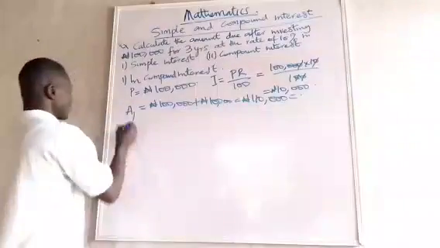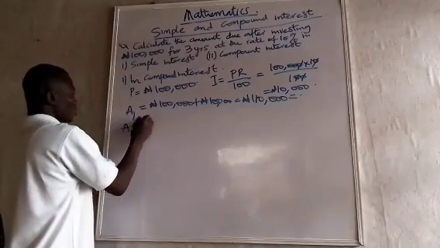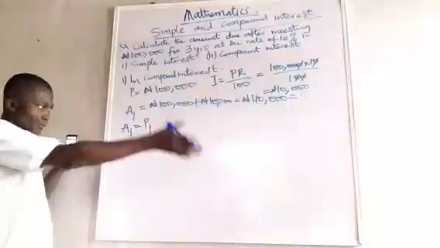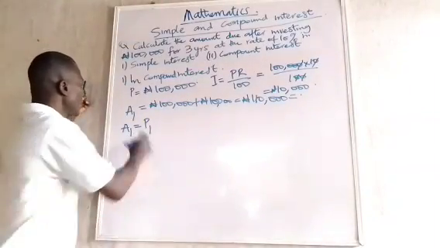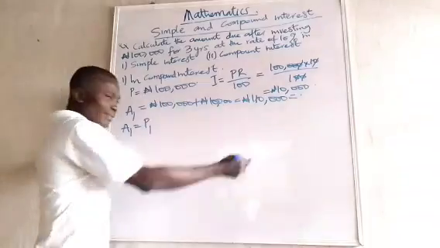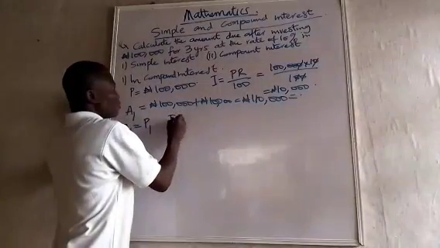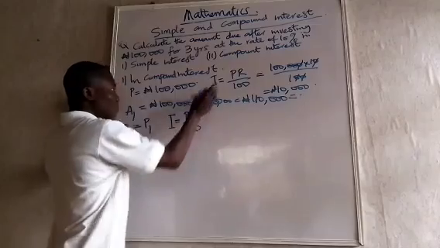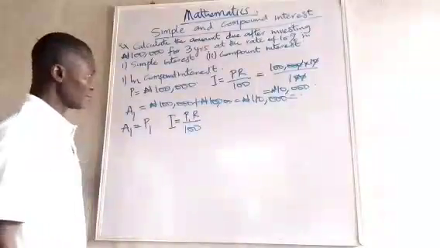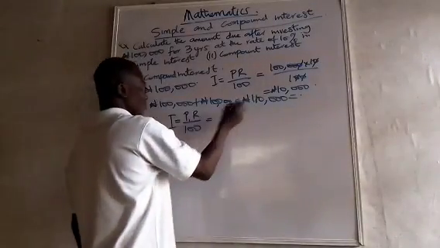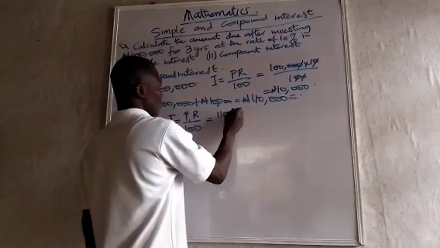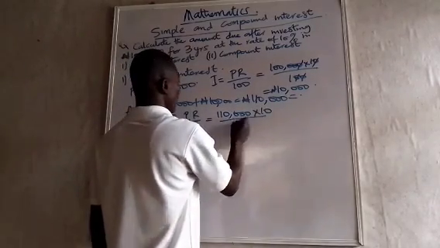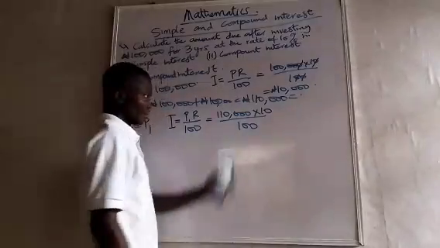So let's make it like this: A1 equals P1, because we take this one as P0, the initial principal. So the next interest, I, will equal P1 R over 100. Please take note, R remains the same. And that's going to be 110,000 times 10 over 100. See, so it's going to be this.